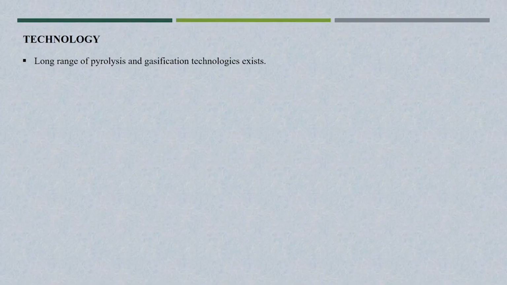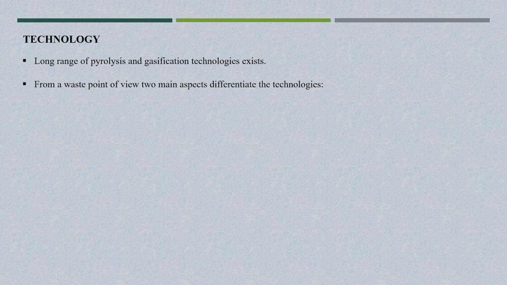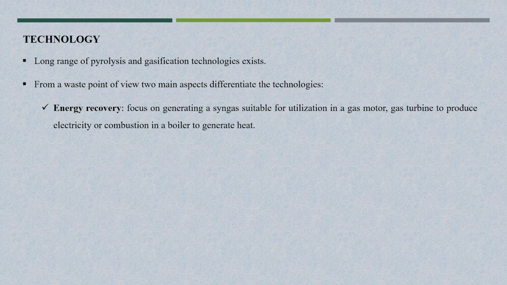Technology wise, a long range of pyrolysis gasification technology exists. From a waste point of view, two main aspects differentiate the technology. One is energy recovery, which focuses on generating syngas suitable for utilization in a gas motor or gas turbine to produce electricity.